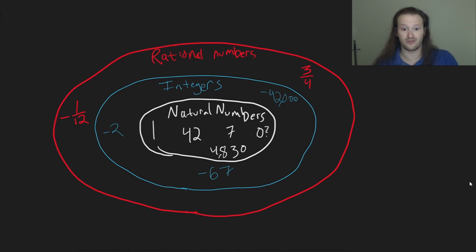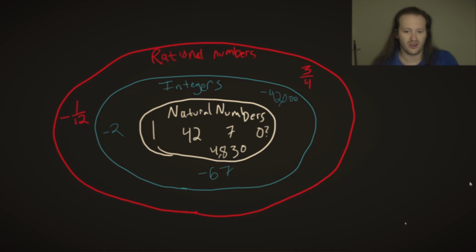We can have the negative numbers because then the integers couldn't be inside the rational numbers like this. Just so we're clear, the integers and the natural numbers are inside the rational numbers bubble there. So that would imply that the integers and natural numbers are also fractions. But 42, -67, they don't look very fractiony.